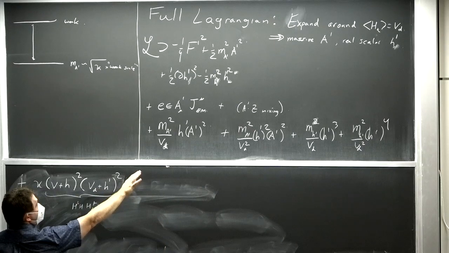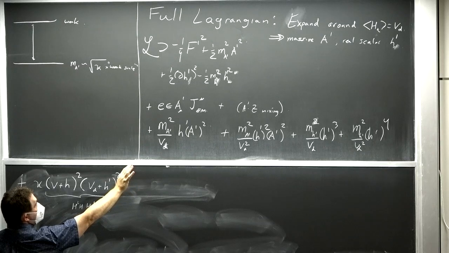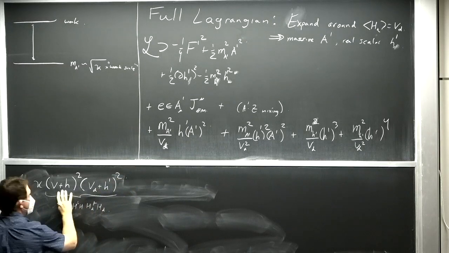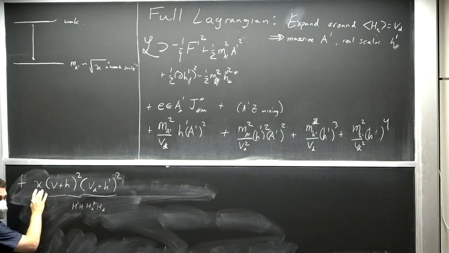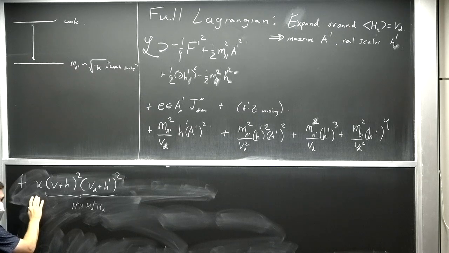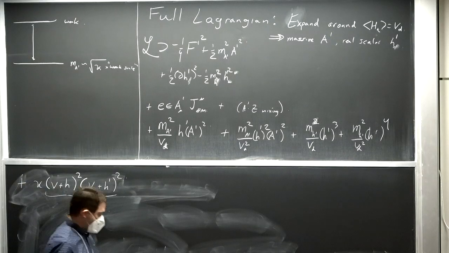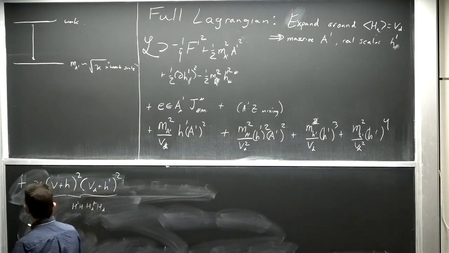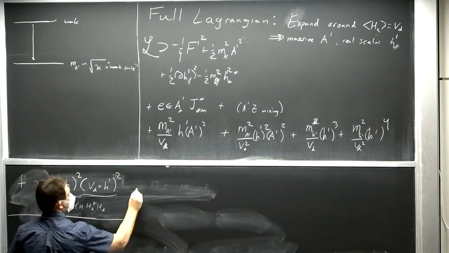So let's just talk first about the physics of the dark Higgs in the absence of this term, if we can imagine that kappa is very, very small, which we were. But then let's come back and include the effects of this kappa. All right.